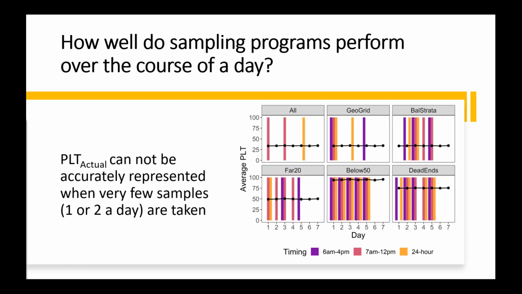Then, somewhat unsurprisingly, if we look at what happens over the course of a day, when you're only taking, let's say, 1 sample per day, you're not going to be able to accurately represent a system-wide condition with only 1 sample per day. You're either going to get a value of 0% or 100%.